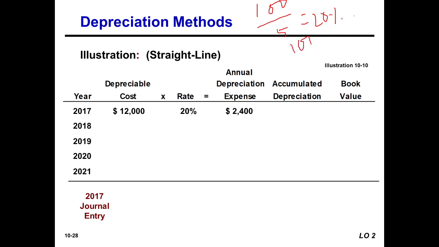Suppose 100 divided by 10 years, that time it will be 10%. So this is the calculating point. This is how we got the 20%.